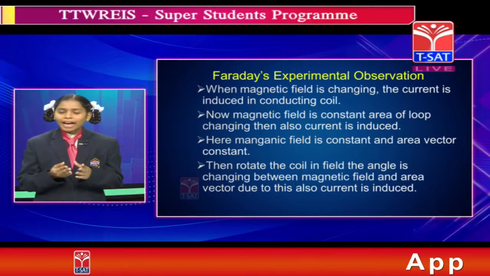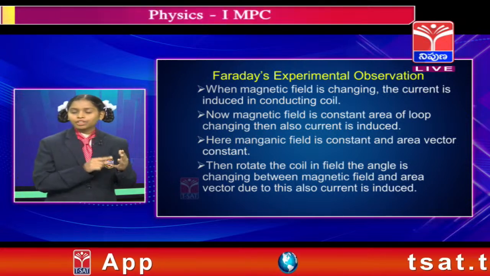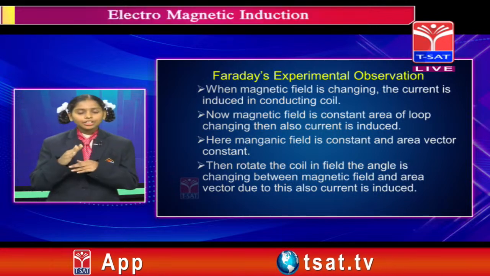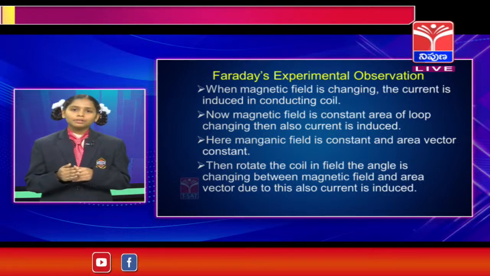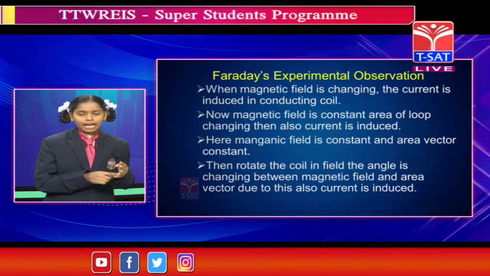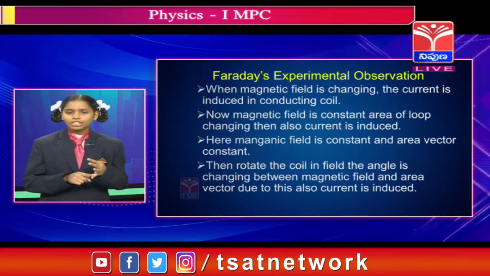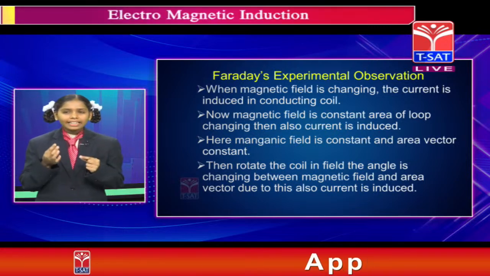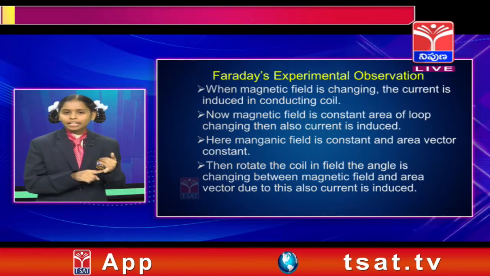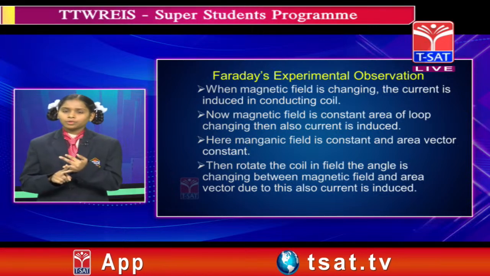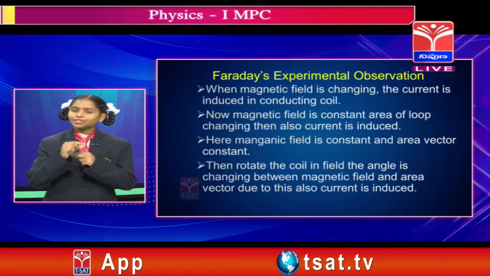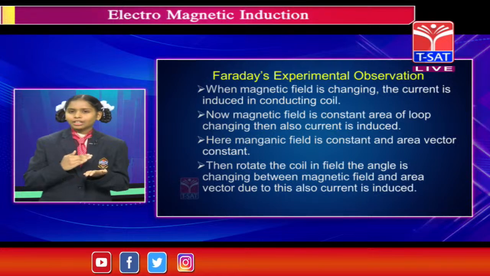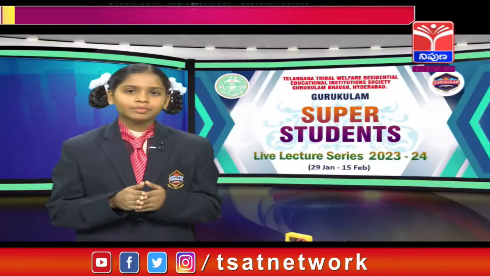If the magnetic field is constant and the area of the surface is increased, then also current is induced in the conducting coil. If the magnetic field and area of the surface are constant and we rotate the conducting coil, there is an angle change between the magnetic field and the area of the loop, so then also current is induced in the conducting coil. From the three observations, do you observe anything, guys?